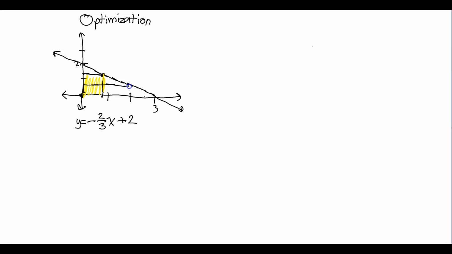This is also another candidate. And my question to you is, what are the dimensions of the largest possible rectangle that you can make, the rectangle that has the largest area? So it is an area problem, the largest area.